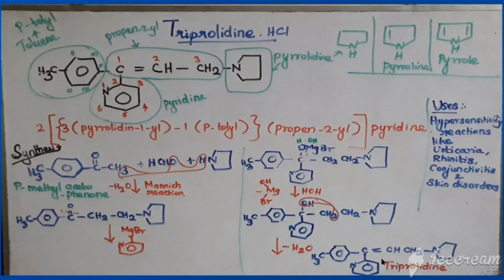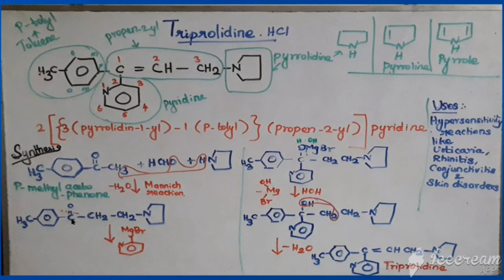So once again I'll repeat that. First we are taking para-methyl acetophenone. That one is treated with formaldehyde and pyrrolidine. So it undergoes Mannich reaction. So HOH is removed as water, and we are getting this one. Then on treatment with pyridine-2-magnesium bromide, the bond between carbon and oxygen would be broken.